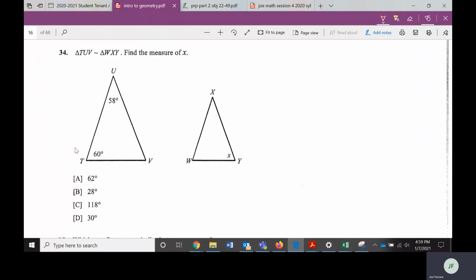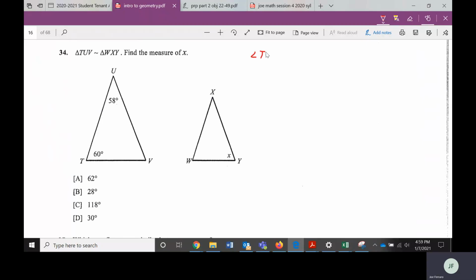34 here. I have two triangles. It says find the measure of x. So another thing here, when people label similar triangles correctly, the order is important, and the corresponding letters in the name are the ones that are equal. Now, even looking at this, it might be hard to figure out, but what I mean is T is the first letter.